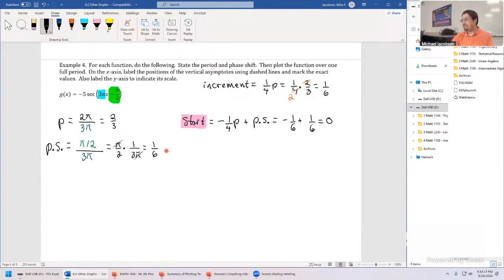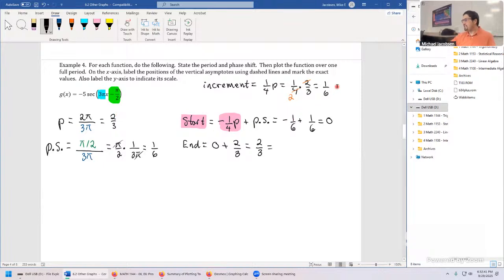We're just about there. This probably deserves some color coding as well, just for emphasis. Then the end is going to be whatever you said your start was, 0, plus the period. 2/3 tells us how long the run is to get one period. So that's the ending position, right at 2/3.